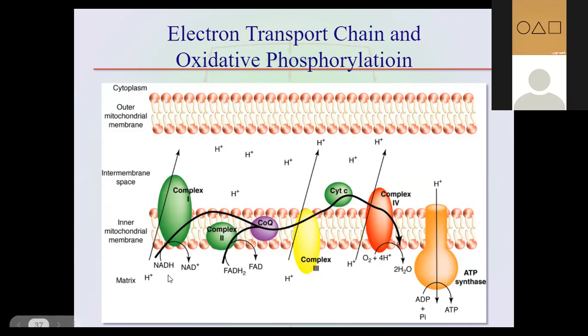So first, your molecule NADH transfers its electrons to complex 1. Okay. So in so doing, magpapump siya ng mga H+, or these are hydrogen ions, into the intermembrane space. Okay? So magkaka-build up ka ng hydrogen ion, kasi since tinanggalan mo yung electron ang isang hydrogen atom, so bali proton na lang siya.